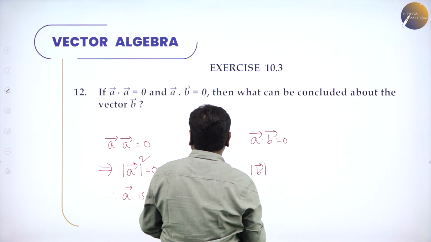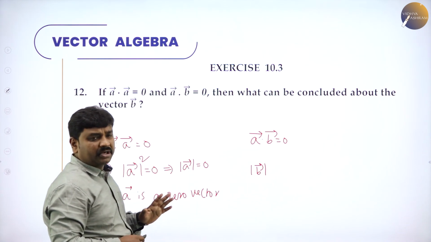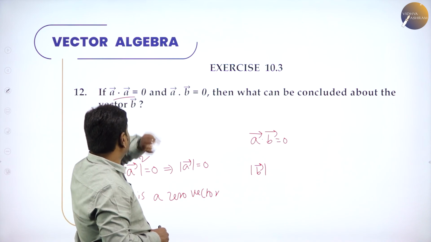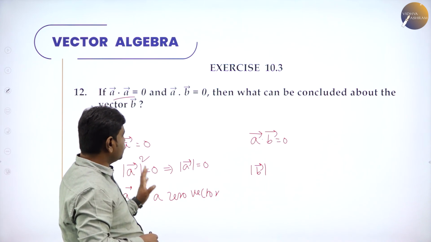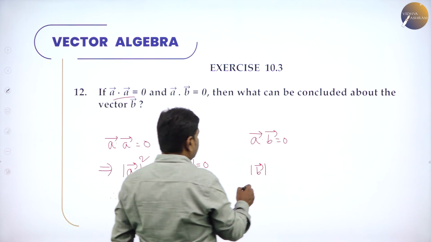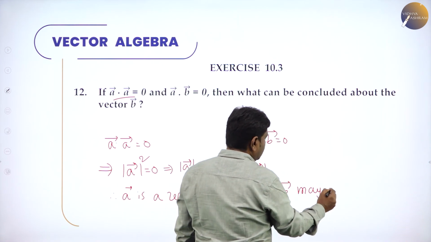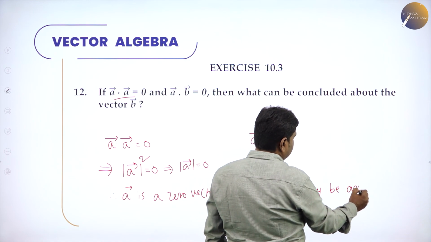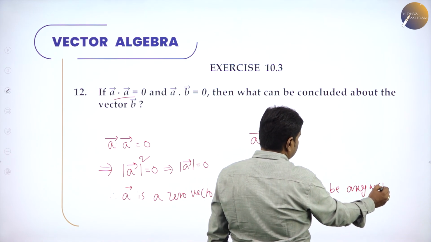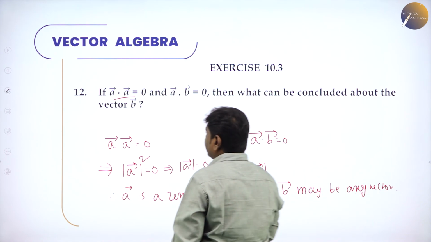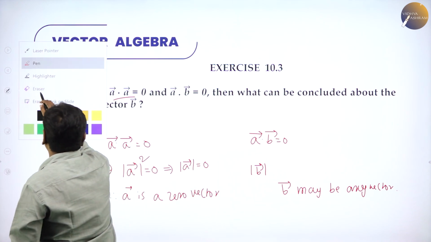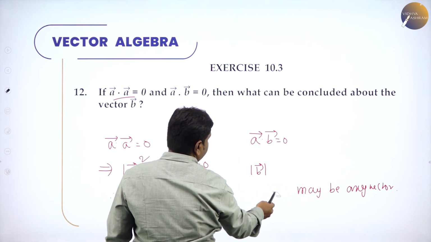Here I can't say a and b are perpendicular. Why? Because a dot a is giving 0, so a is a zero vector. Vector b may be any vector, because the zero vector dot anything is 0, so here it is not necessary that they should be perpendicular.